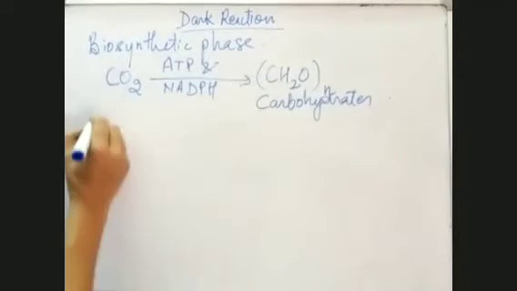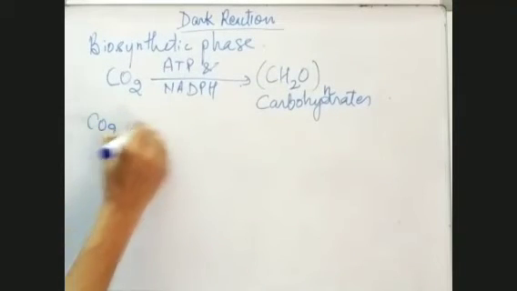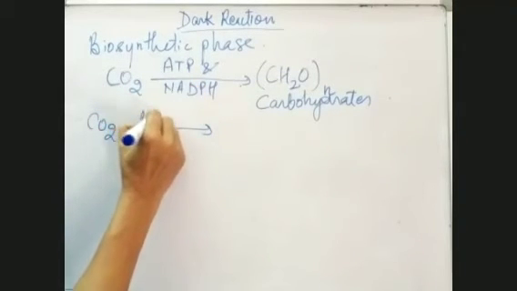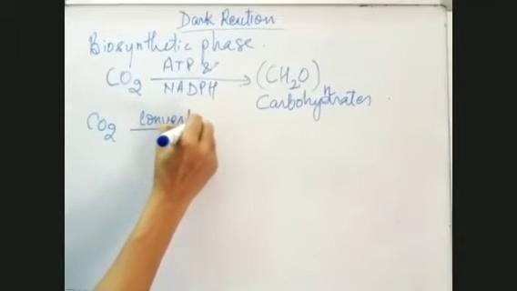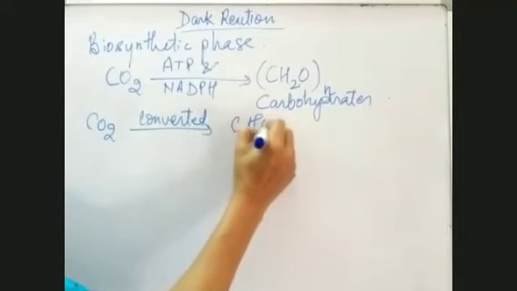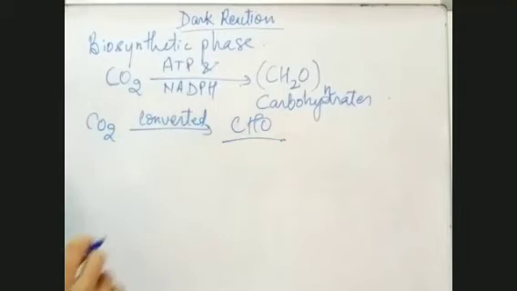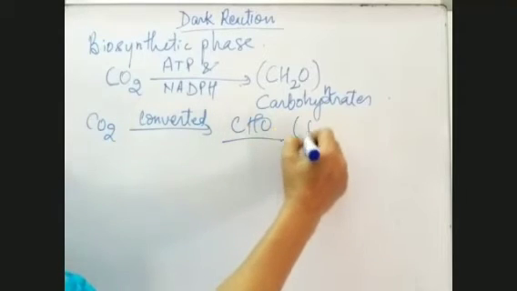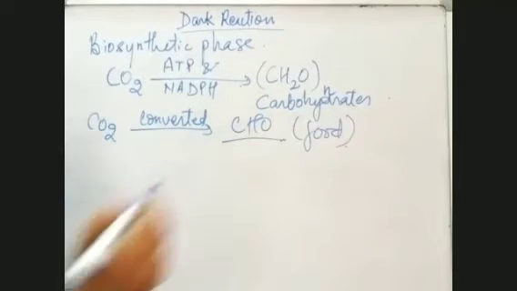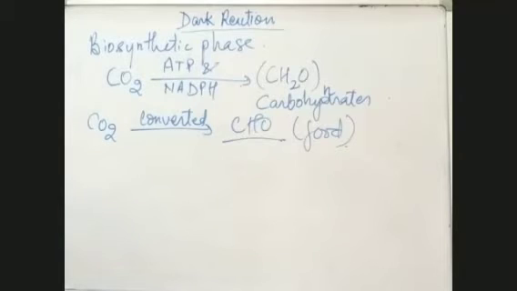That means CO2, under the action of these two, is converted into our food. In short, we write carbohydrates like this, which is a food. That is why this is known as the biosynthetic phase.